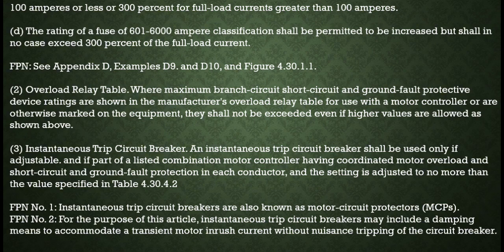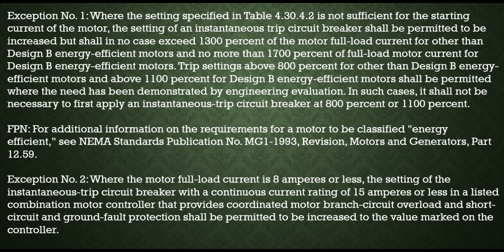Instantaneous trip circuit breakers are only used if adjustable and part of a combination controller with coordinated overload and short circuit protection. It is set per Table 4.30.4.2. So this slide is discussing the exceptions for instantaneous trip circuit breakers.